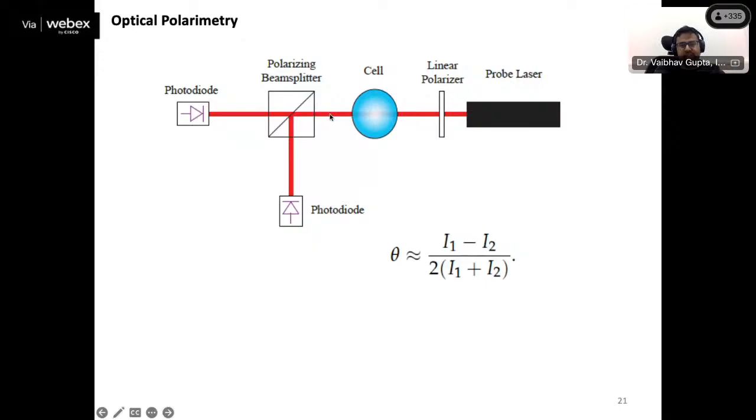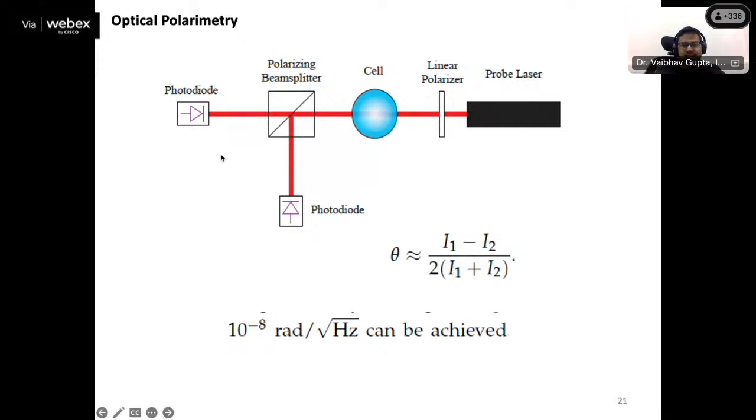This theta will be associated with the spin of these rubidium atoms. That spin will come due to the applied magnetic field. So if we are able to calculate this theta, which we will do by applying these photodiodes and a beam splitter, it comes out roughly 10 to the power minus 8 radian.